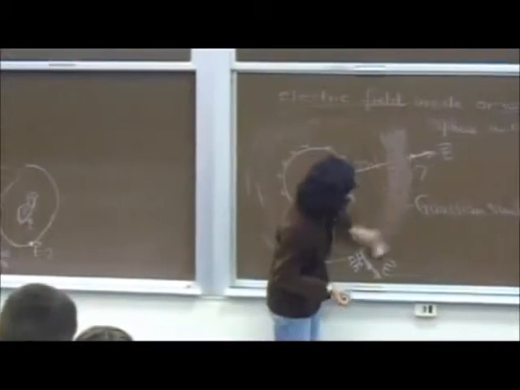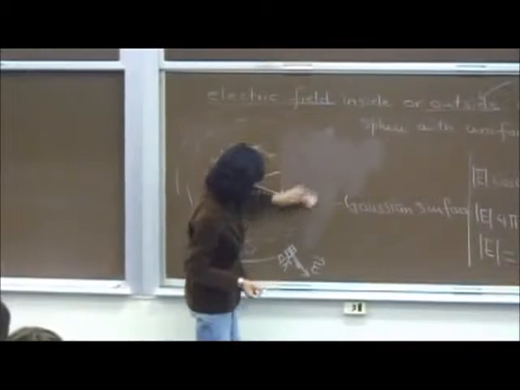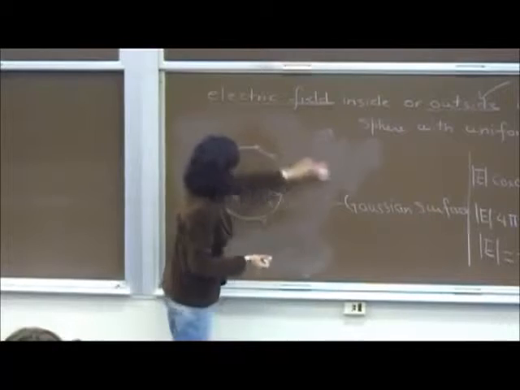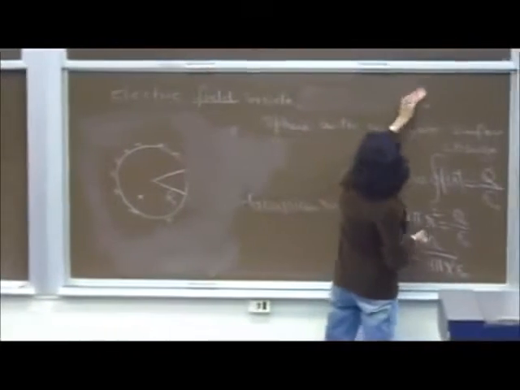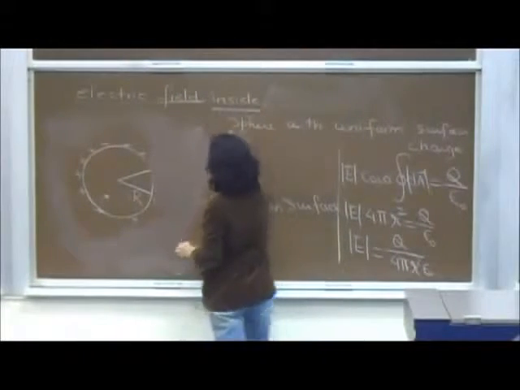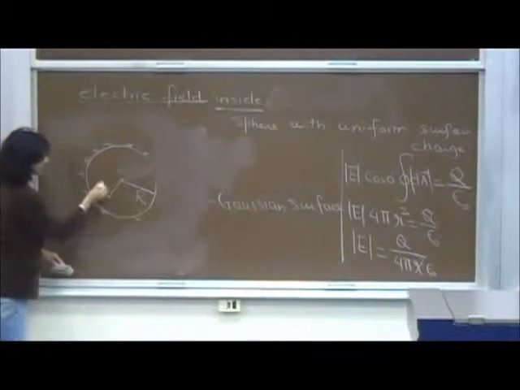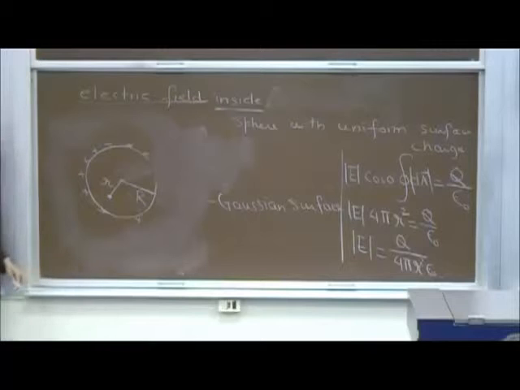Let me just remove this thing. So now we are focusing on electric field inside. We are done with outside, so now we are going to focus on inside. And inside, the point that I'm focusing on is at a distance small r, because small r is going to be our variable.